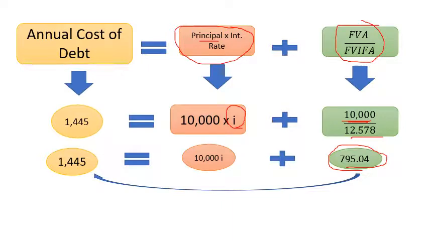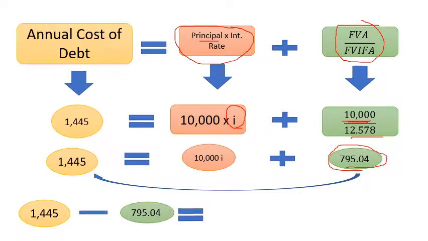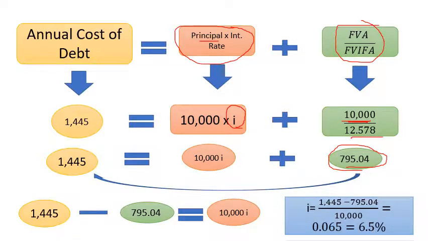We can transfer this amount to the left side. So 1,445 less 795 equals 10,000 I. Rearrange the equation for finding the value of I. So the annual interest rate equals the difference between the annual cost of debt and the annual deposit in the sinking fund, divided by the original value of the principal.